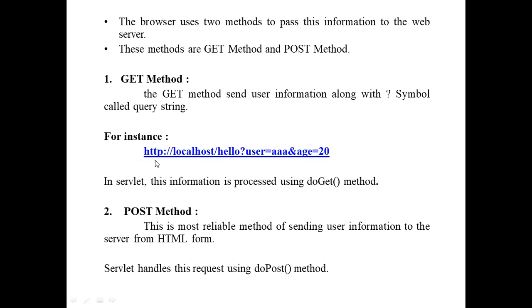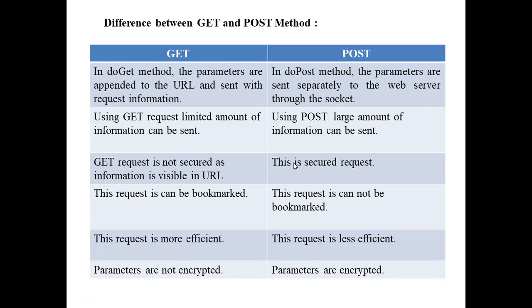Your URL is http://localhost/hello and next user and age. These are your parameters. In the doPost method, the parameters are sent separately to the web server through the socket. So in the doPost method, no parameter is displayed in the URL.